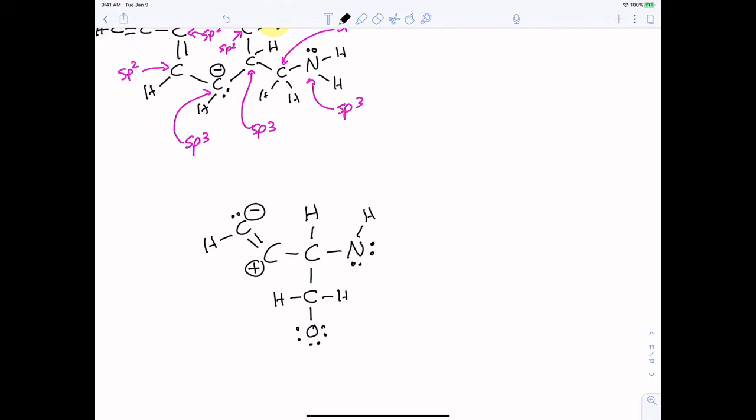The carbon, this one right here, that one does not have a charge, 4 minus 4. My nitrogen actually has a -1 charge, right? Nitrogen is 5 for its number of valence electrons, and I have 1, 2, 3, 4, 5, 6. So 5 minus 6 is that -1.